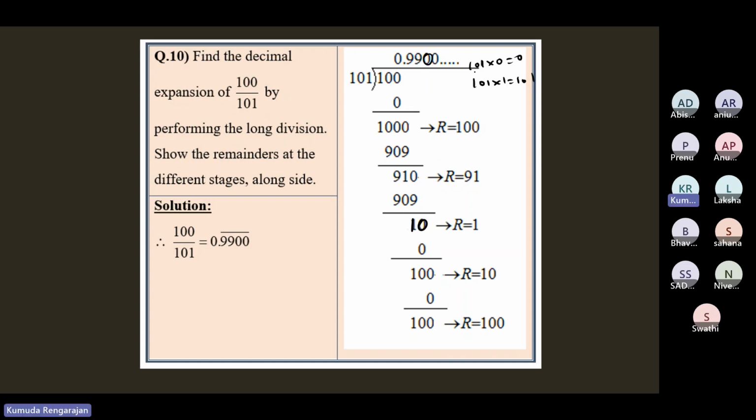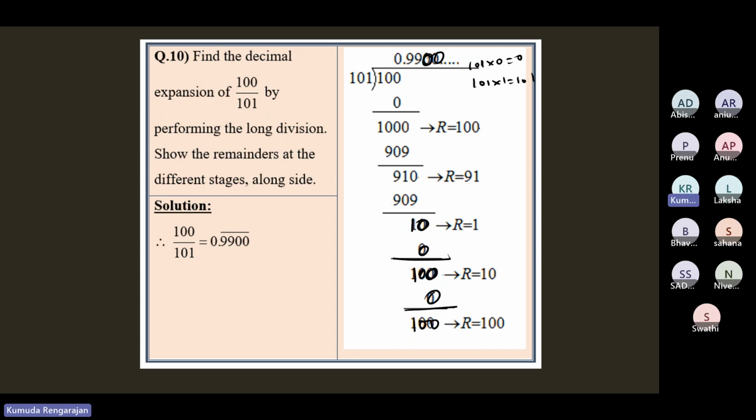This is also tables. 101 into 0 is 0. So when you have 10 here, 101 into 0 is 0. So 10 is a remainder now. You can add one free 0. 101 zeros are 0. Now 100 is a remainder.